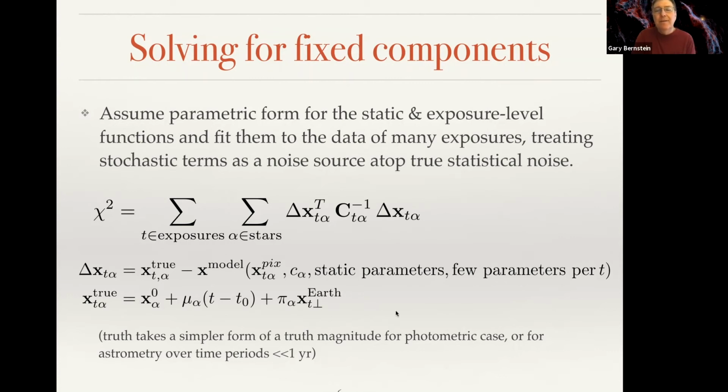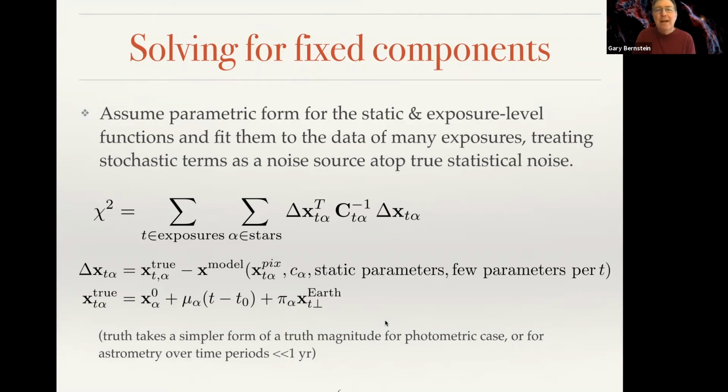And this is one thing that's not in the published papers, but we now do in DES. Now that we have 5 years of data, we have to allow for proper motions and parallax of all of our stars. And that's certainly the case for the Rubin things. But the good news is a byproduct of this is that you get a full proper motion and parallax catalog for your entire survey, which is one of the science products we want to make.